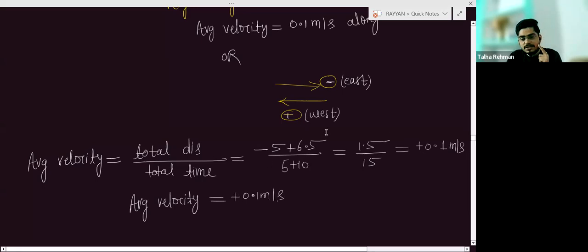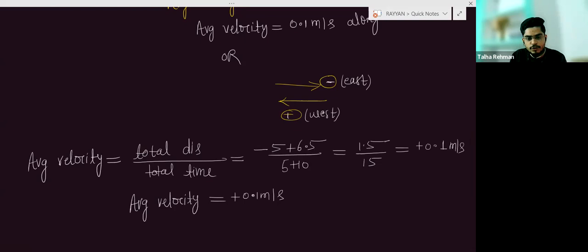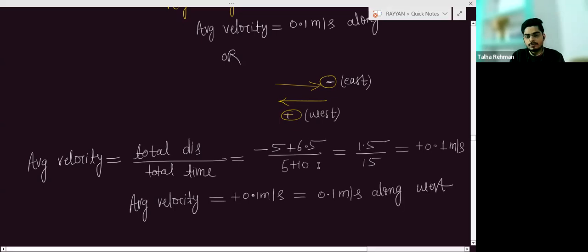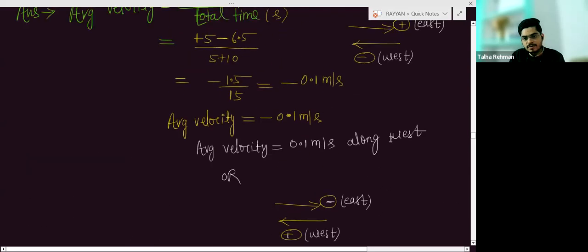And plus means along the west direction. So you can write 0.1 meter per second along the west direction. See the final answer: 0.1 meter per second along west.